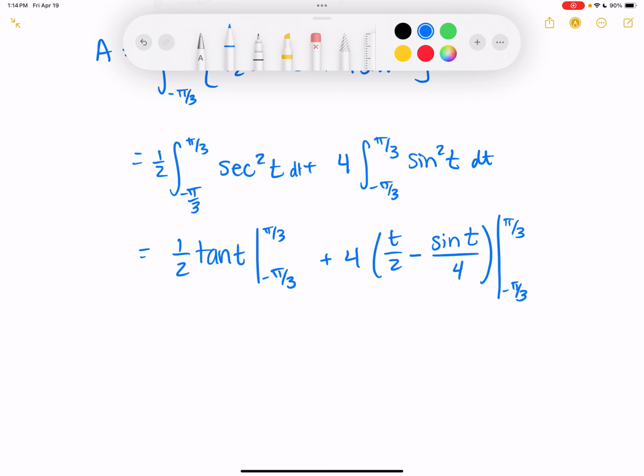So, I'm going to do 1/2 times, what is the tangent of pi over 3? Root 3 over 3? Or is it just root 3? It's just root 3.